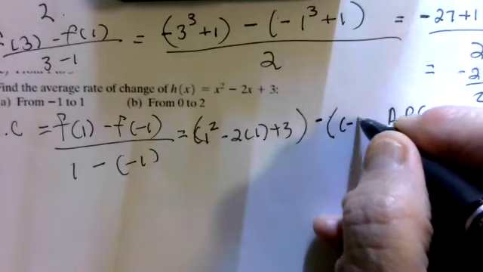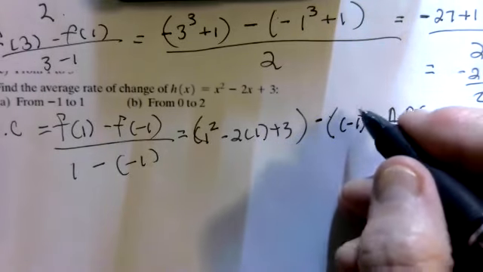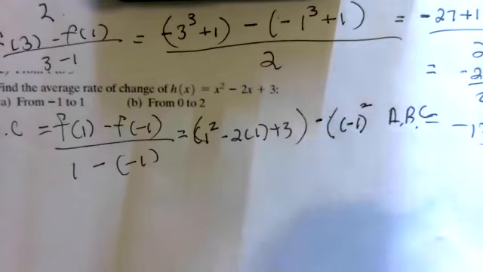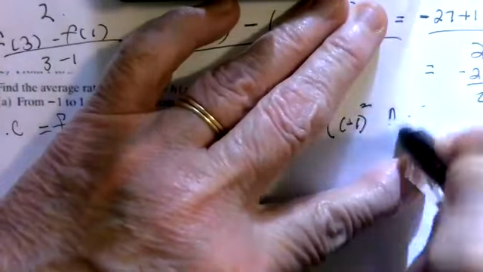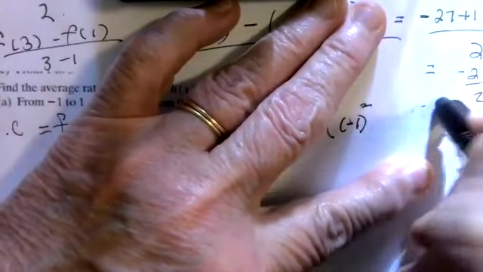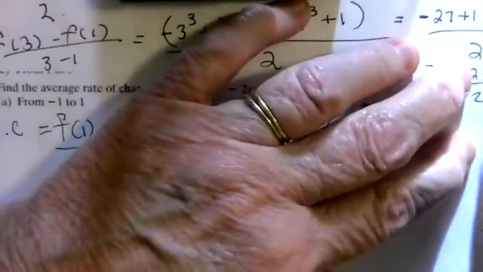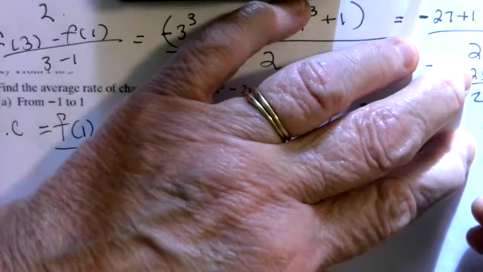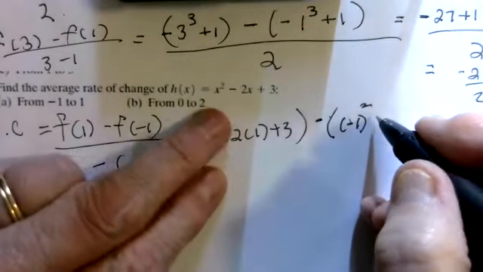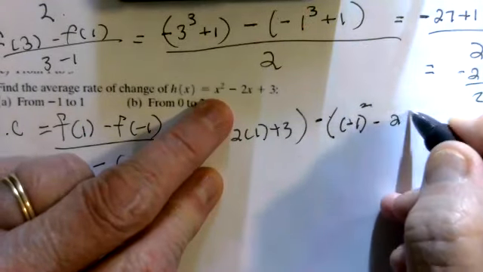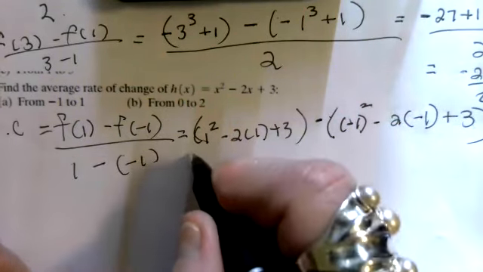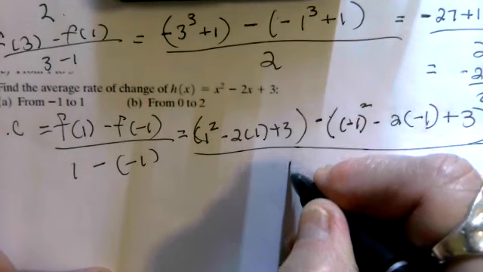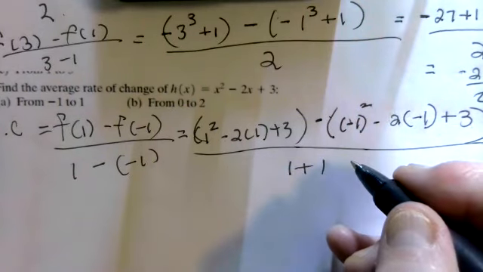So that's -1 squared minus 2 times -1 plus 3. And so that's all over 1 plus 1.